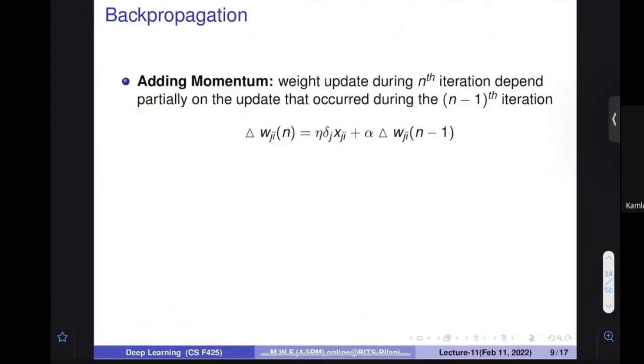This particular strategy is called momentum, and it says that whenever you are going to make a change, you compute how much change you have to do because of your current scenario, but you also pick what change you made last time, and use some alpha times that particular value to find out how much you have to modify.